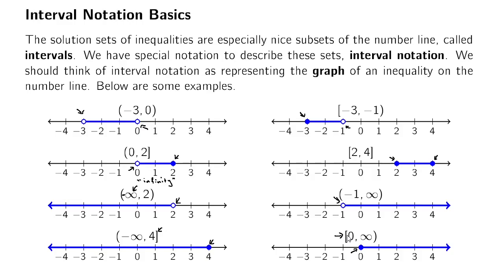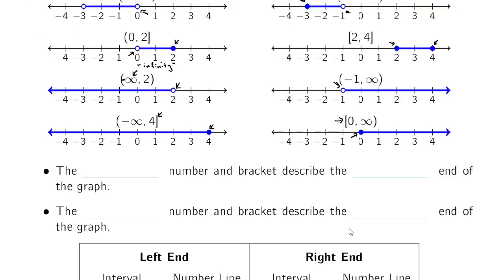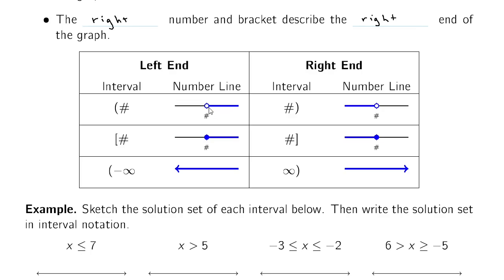So what's going on here? In interval notation, we have a number on the left and a number on the right. The left number in the bracket describes the left end of the graph. The right number in the bracket describes the right end of the graph. If the left end is an open dot at a number, we have a round bracket and a number.